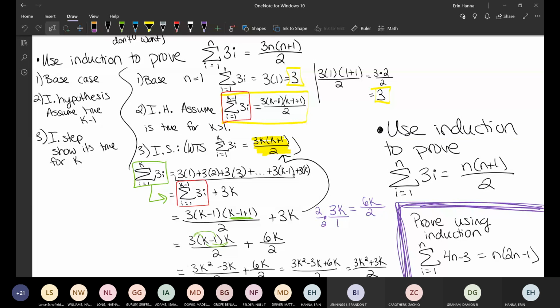I was just confused looking at it. You go from K to K minus one. Yeah, so that's why we have the sigma here, then you break it up into the sigma to K minus one plus the last term.